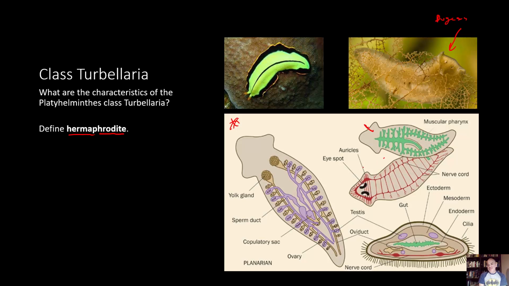You can see the nervous system, and you have some sensory eye spots up here. These auricles out here are going to have special chemoreceptors for smell and taste. And you can see you have a ladder-like network of nerves going down the body, on both sides and then connected from one to another.